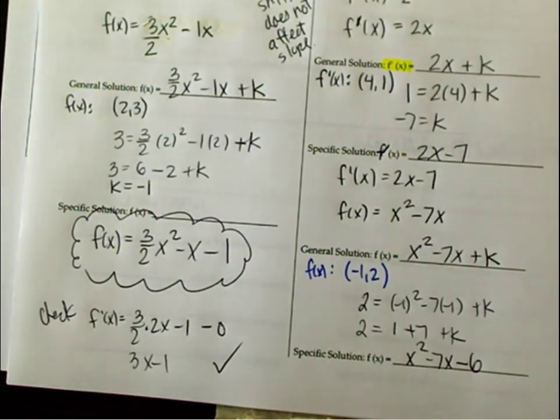There's our answer. We ended up with a k of negative 6 the second time.